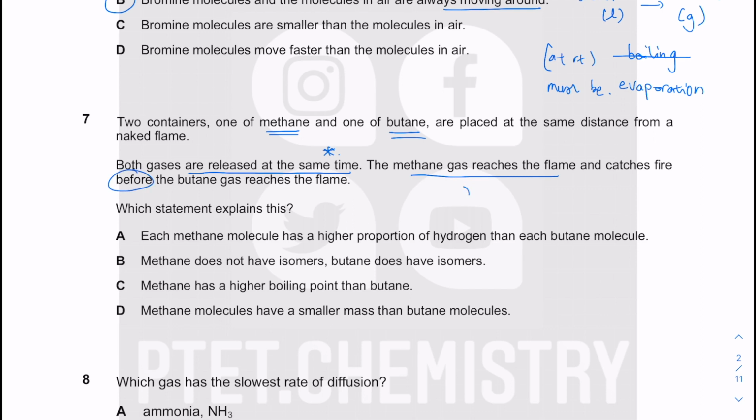So what can we say? From this alone, the methane diffuses faster than butane. From that statement alone, we can deduce this fact by using the correct term, diffuses, because diffuses is the verb for diffusion, which is the noun.